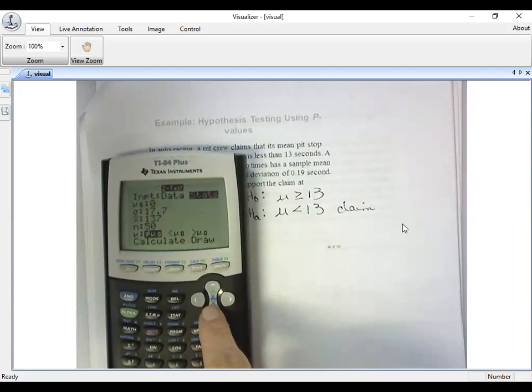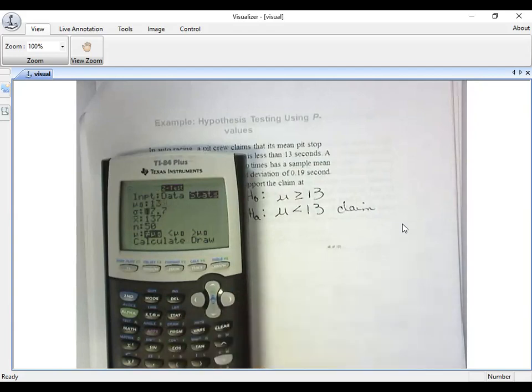What is going in for the mean is going to be the value that you see in the null hypothesis. The mean is what? It's stat, go to tests, and choose the number 1. It'll be the z-test. Well, look at your statement. What is in the null hypothesis? What number? 13. That is what you put in for your mu.